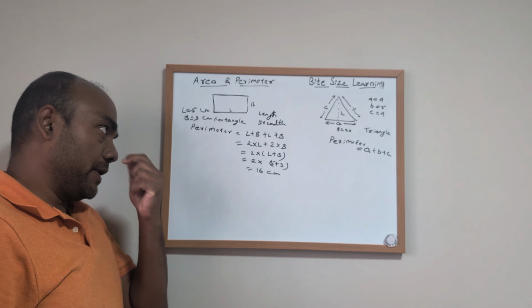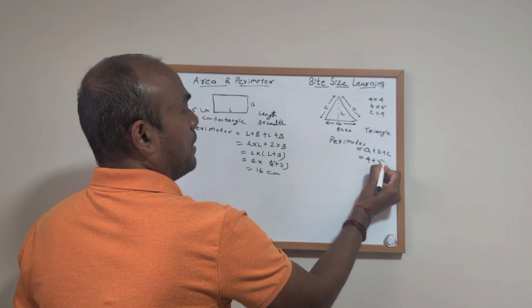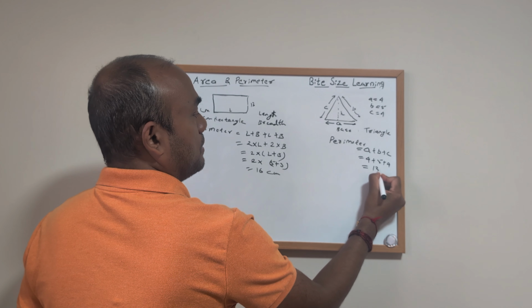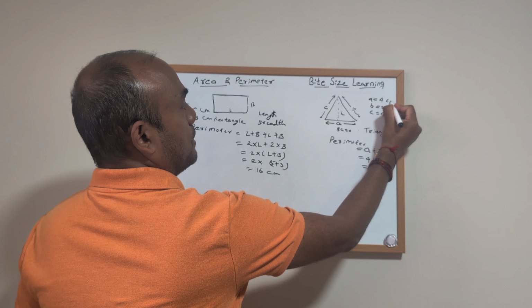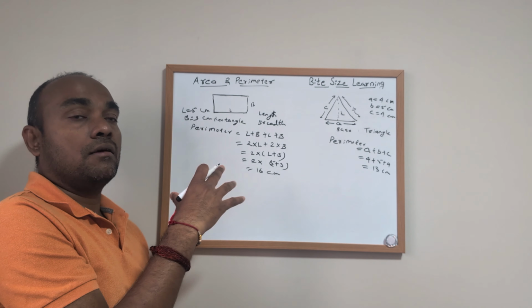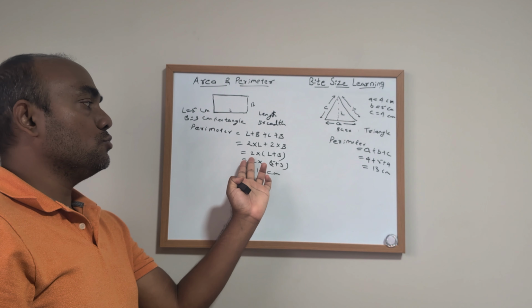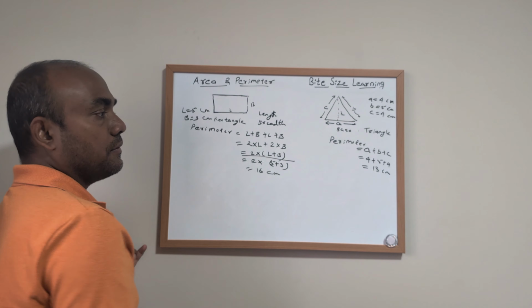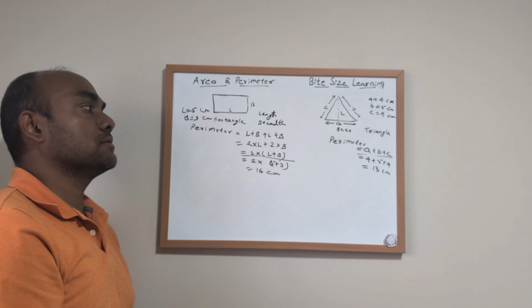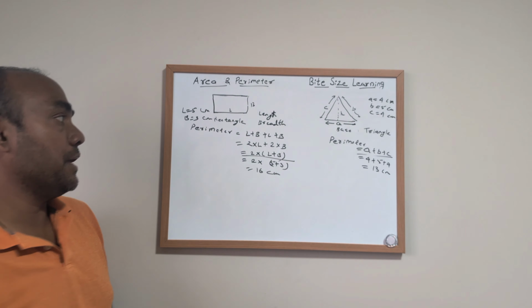The sum of all these sides will be 4 plus 5 plus 4, which is 13 centimeter. So for a rectangle, the perimeter is 2 times (length plus breadth), and for a triangle, it is side A plus B plus C.